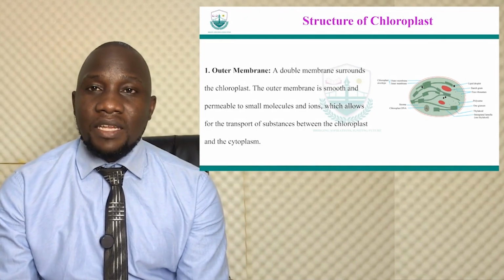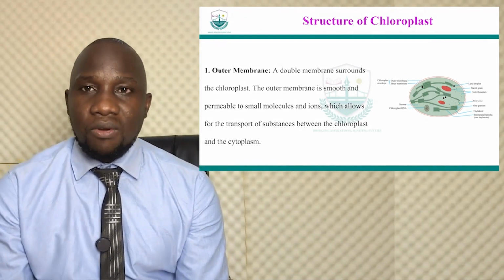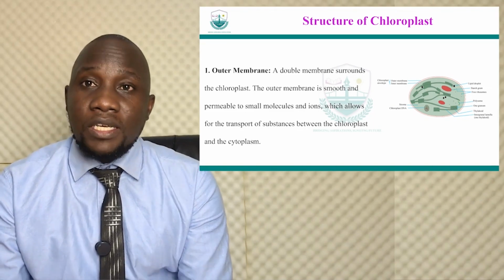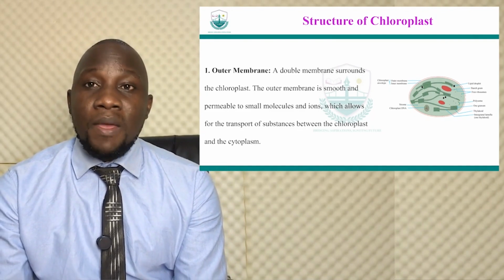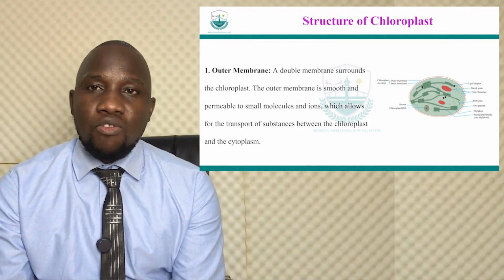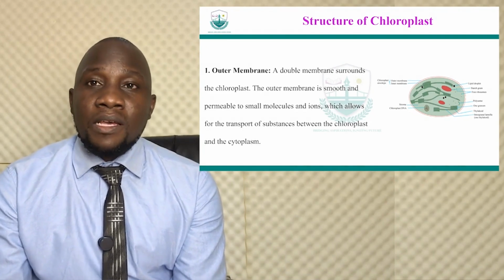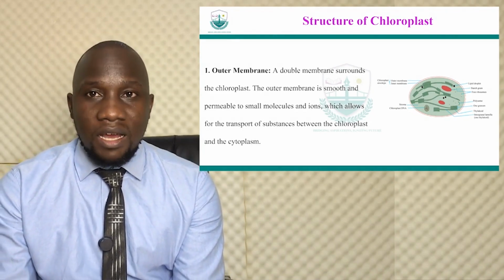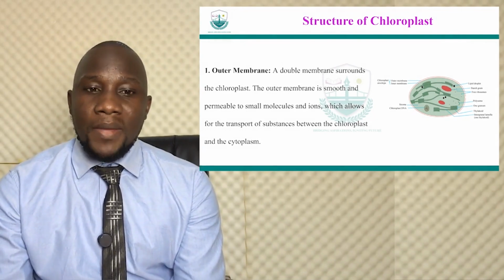That means that all organisms that have chloroplasts are eukaryotic organisms. So we can say that we can find membrane-bound organelles in eukaryotic cells. So we are saying that the outer covering is what we call the outer membrane.